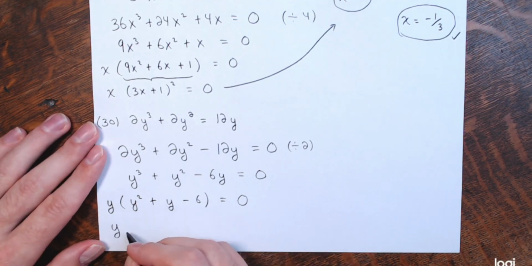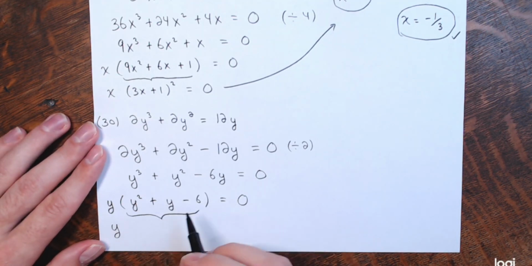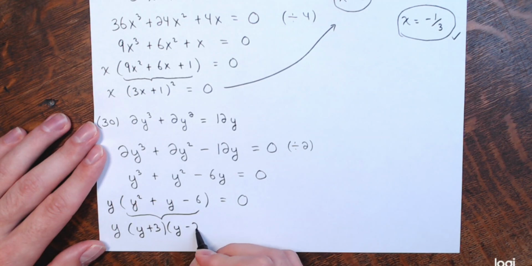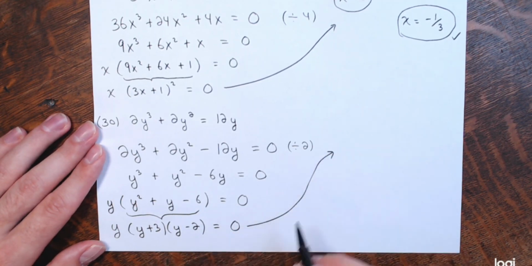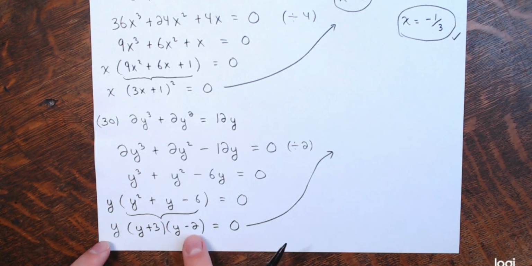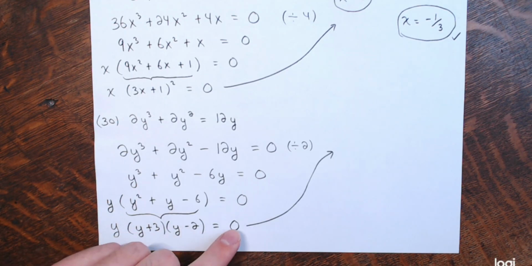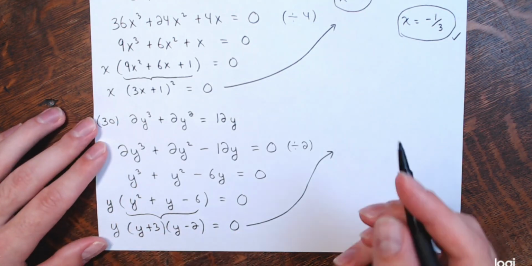We have y times y squared plus y minus 6, which would factor to y plus 3 times y minus 2. And we have this product equal to 0. And it's a product of three factors again: y, y plus 3, and y minus 2. And whenever a product is equal to 0, one of those factors has to be 0.